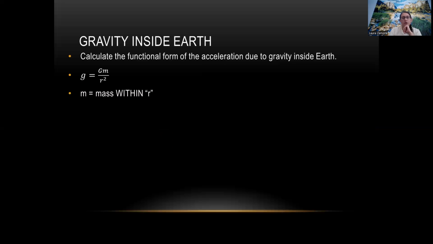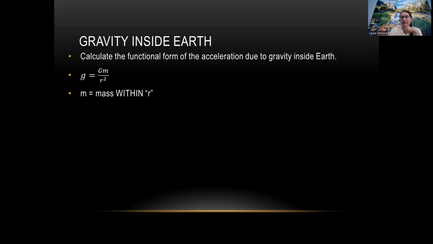So if we were to kind of mathematically think about this, we can calculate the acceleration due to gravity inside the earth and see how that kind of affects things. All right, so there's our equation for the acceleration due to gravity. Little g equals big G times the mass divided by the radius squared. Okay, so the mass that we're considering now is no longer the total mass of the earth.